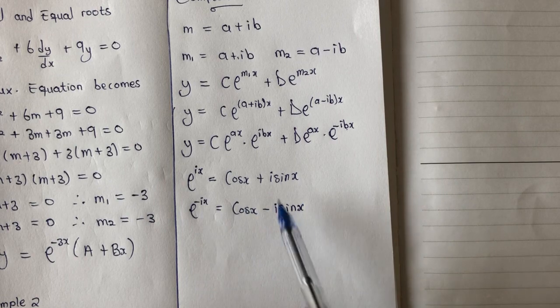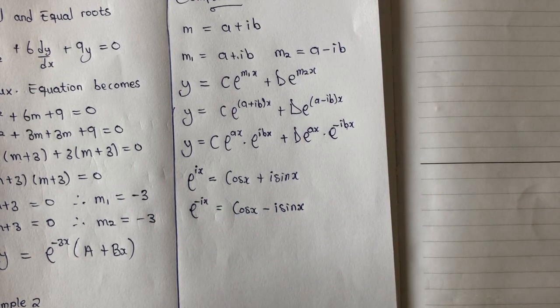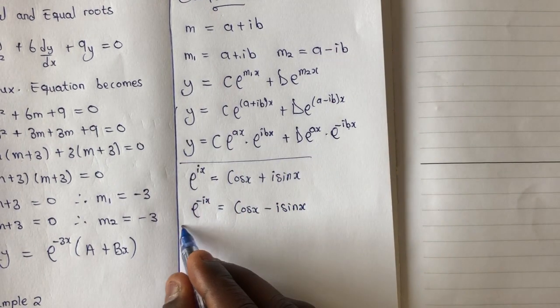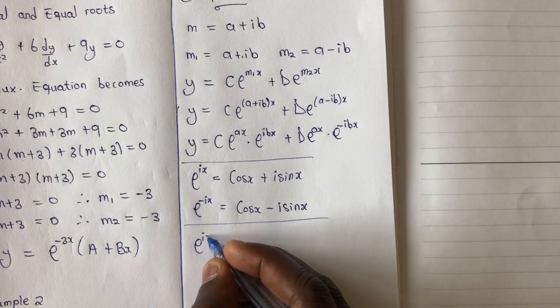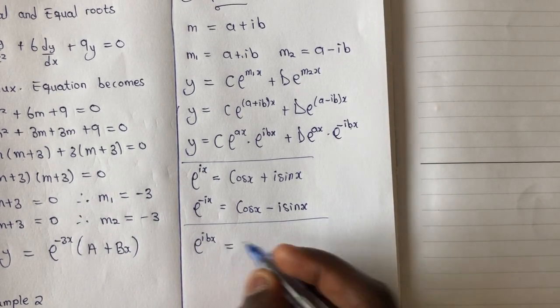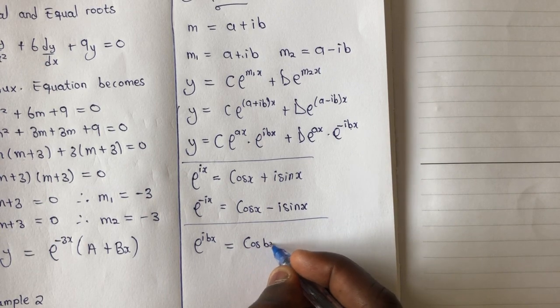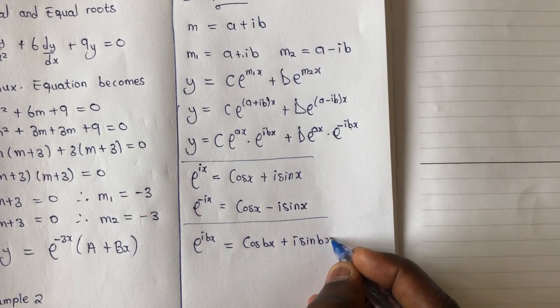So let me rewrite this in the general form. It is supposed to be e^(ibx), so therefore we will get cos bx plus i sin bx.